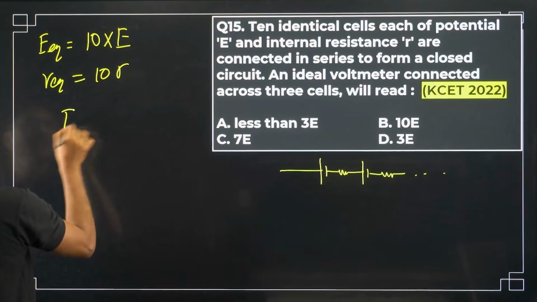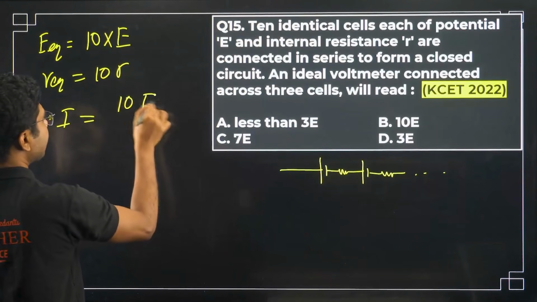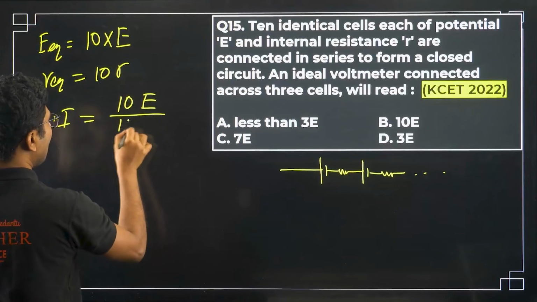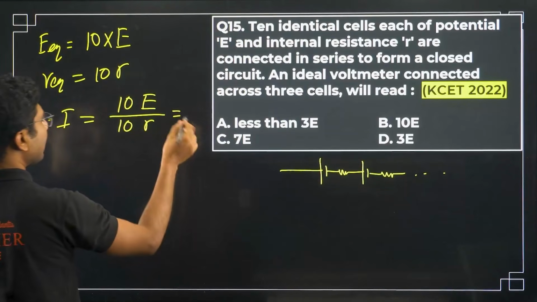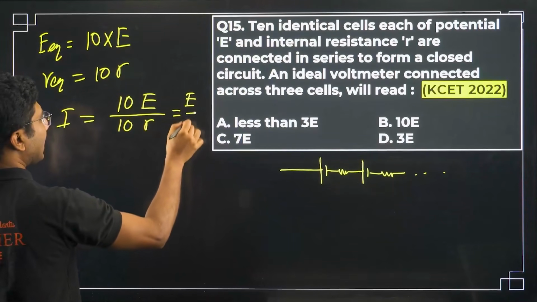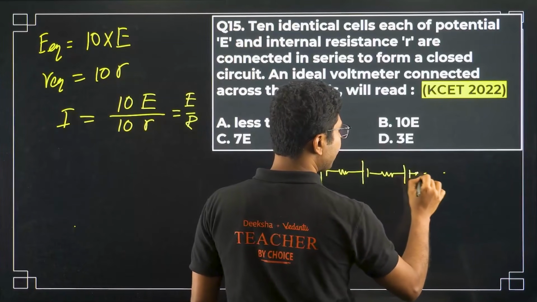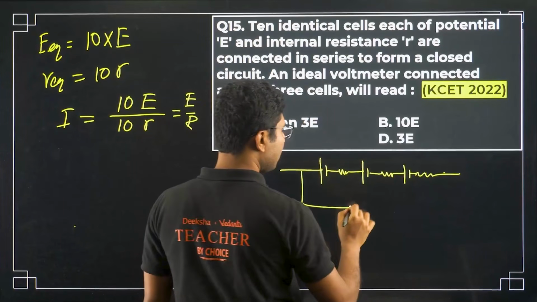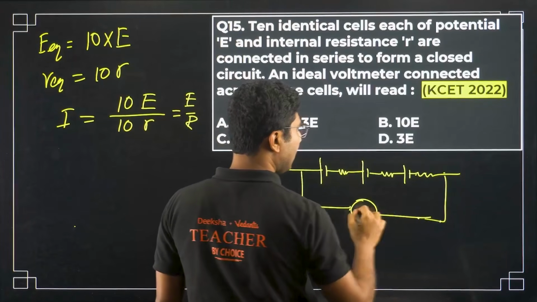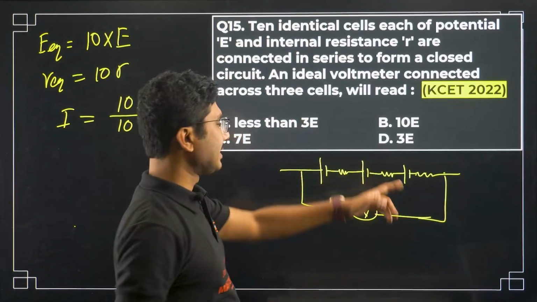So what is the current? No external resistance is connected over here, so current will be simply E by R. Now, across how many cells have you connected the voltmeter? You have connected across 3 cells. So that means what is the resistance?